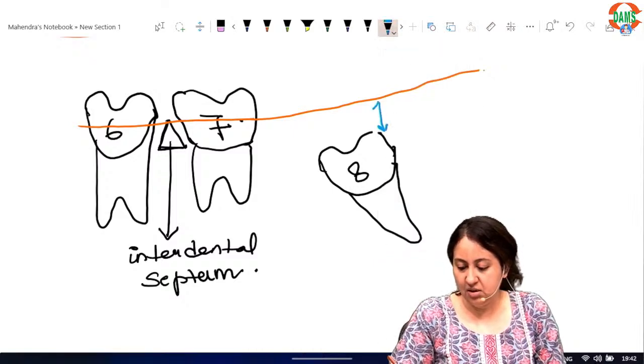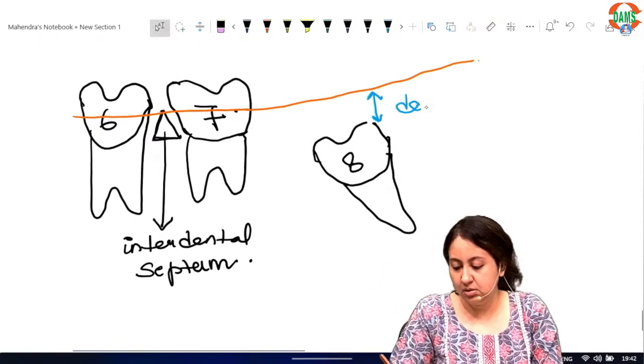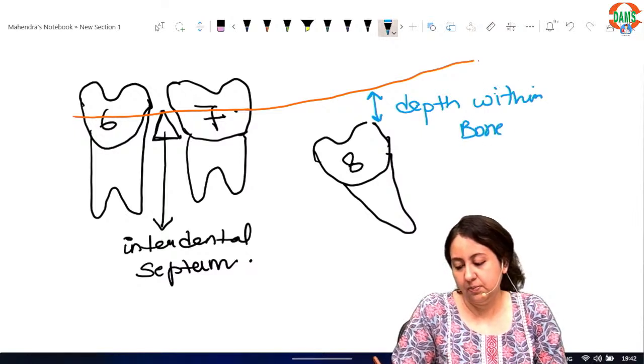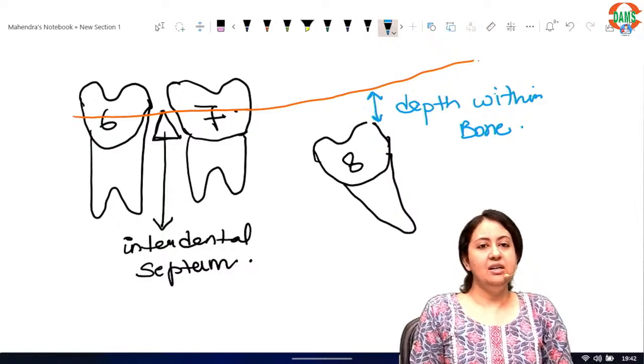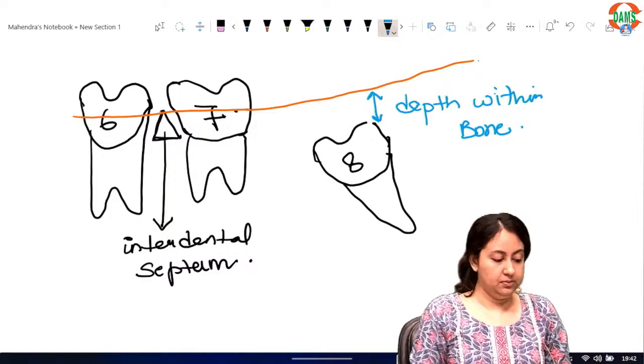If you see, what is this signifying? Depth within bone. All right, it is signifying depth within bone.